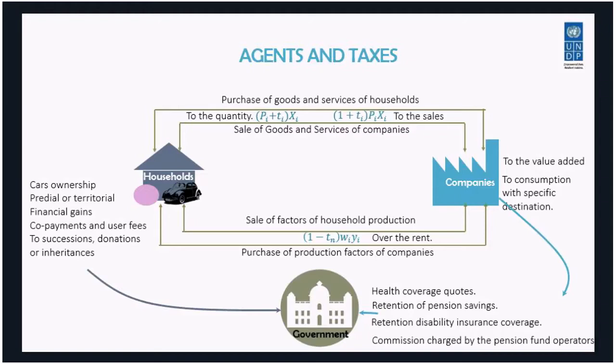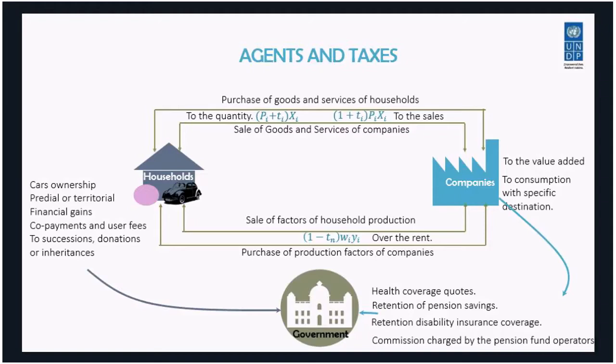As you can see here, for instance, at the top again, a tax on the quantity, an indirect tax which is charged to the quantity. So what the identity is telling you is that, okay, as a government, I will tax this relationship, so I will tax the quantity consumed by households, for instance.